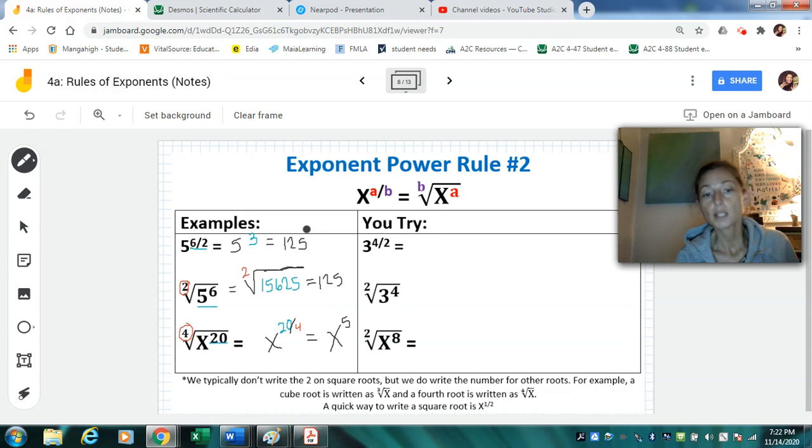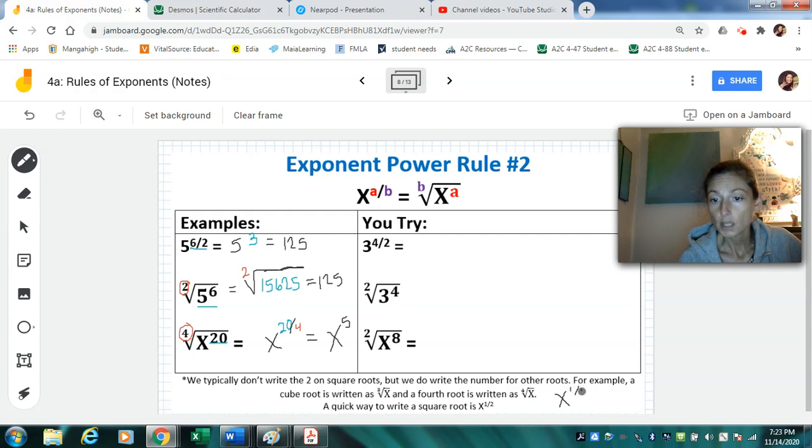Where we really see this is, again, using a 1/2 power for a square root. A cube root like this would be a 1/3 power. A 4th root would be a 1/4 power.